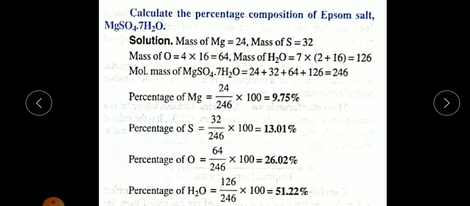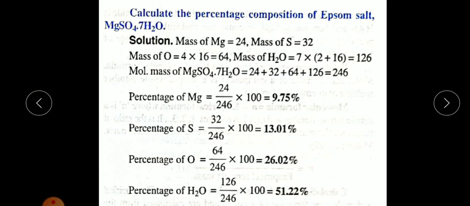Over here you can just consider this oxygen as a separate element and water as an individual, a different molecule. So over here we have got 16, and we have 4 oxygen atoms, so percentage of oxygen is 16 into 4, that will come as 64, by 246, into 100, that will come as 26.02.